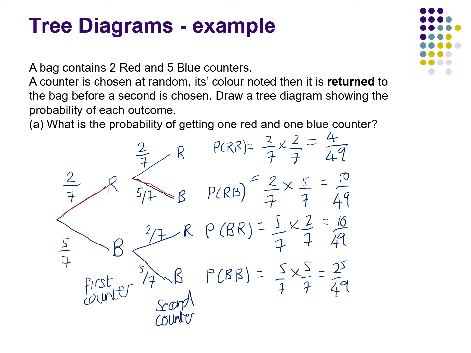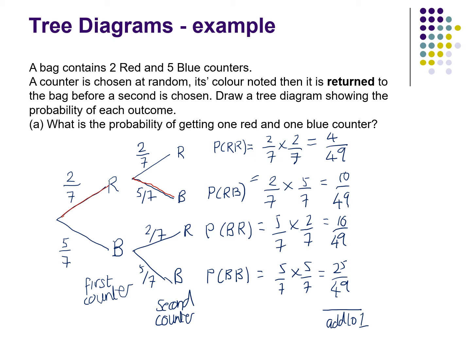Now this has covered all of my different outcomes, so as a quick check that you've not done anything wrong, all of these should add to 1, because this is all of my different outcomes from my 2 events. A quick double check to make sure it adds up to 49/49 confirms that it does.